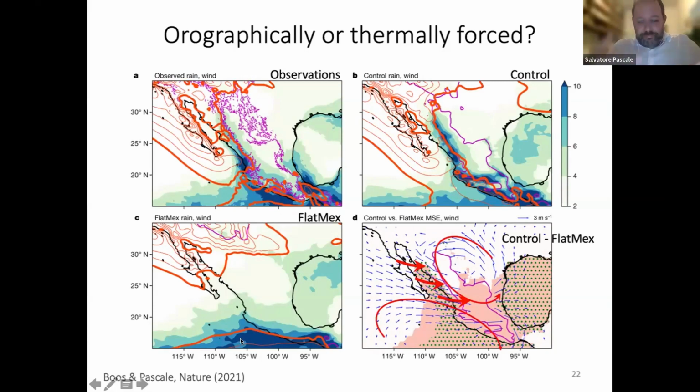And this anomalous westerly flow originated by the stationary Rossby waves is crucial for bringing very moist air, which originates over the Gulf of California, upslope over hills and to generate convection. So this seems to point out that at least an important part of the North American monsoon is not a totally thermally driven system, but is mechanically driven by the orography.